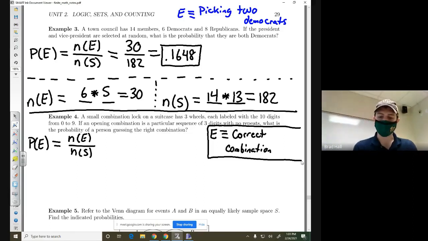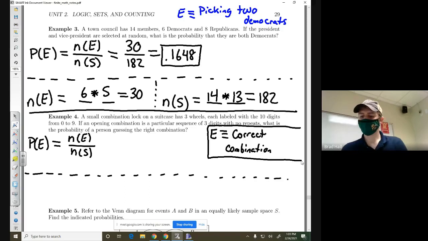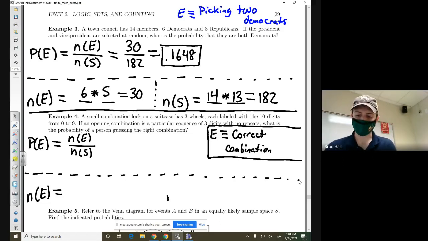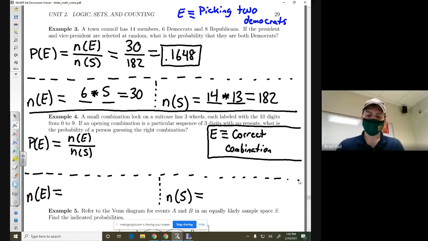So if anything that might help us visualize, as we do this off to the side, the number of times that this event can happen versus the number of elements in the sample space. The event is the correct combination. How many times can that happen?